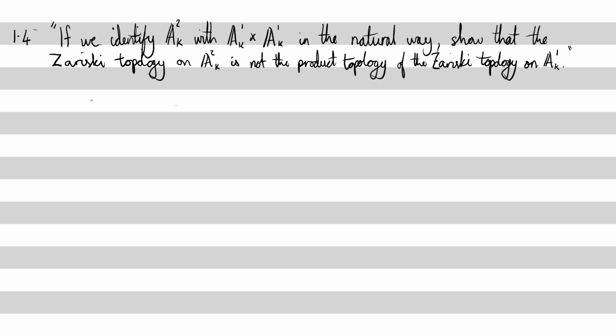The product topology has as its open sets U equals U1 cross U2, where U1 and U2 are open subsets of the Zariski topology in AK1.